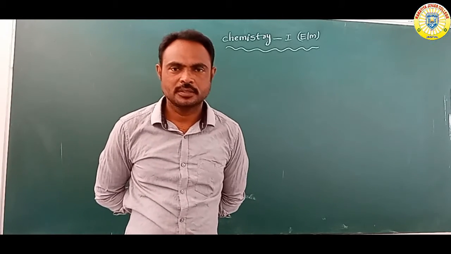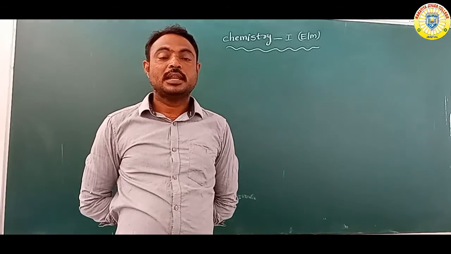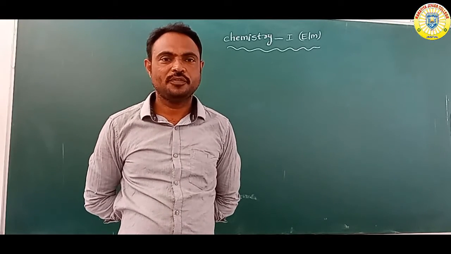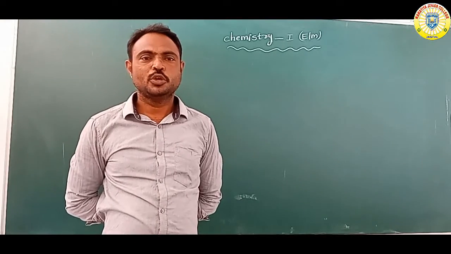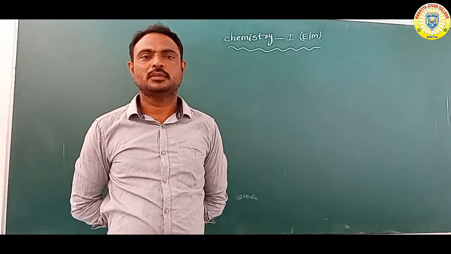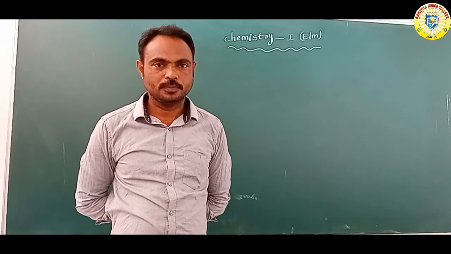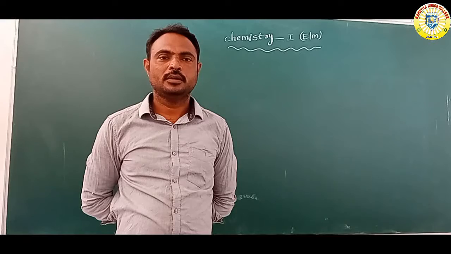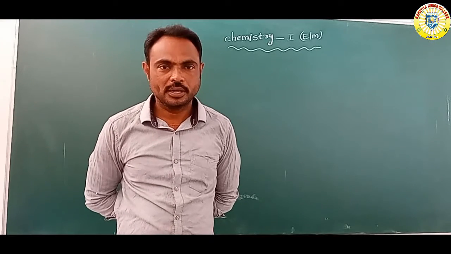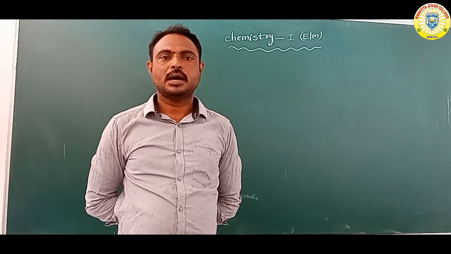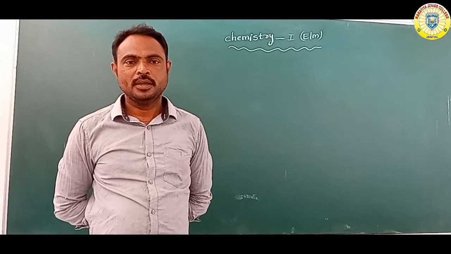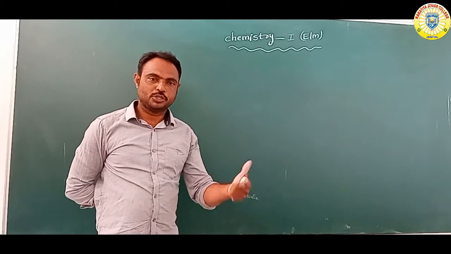Good morning, students. Last class we discussed the chemical properties of acetylene. Acetylene reacts with a number of compounds like ozone and water molecules, next chlorine or bromine or HBr or HCl, or hydrogen.